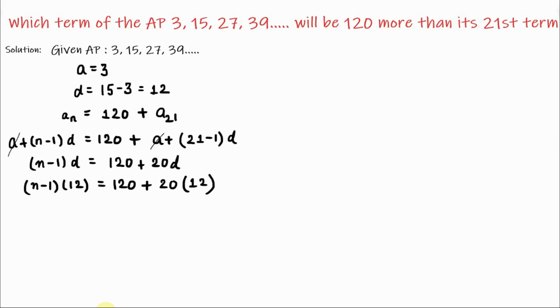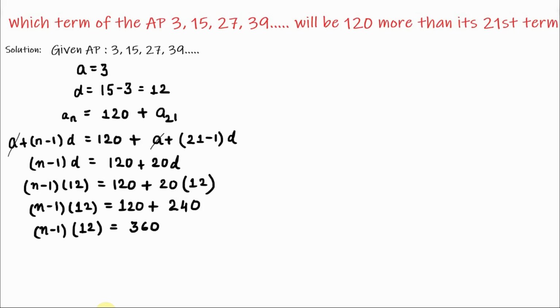Solving it further, we get n minus 1 times 12 equals 120 plus 240. So we get n minus 1 times 12 equals 360. N minus 1 equals 360 by 12.